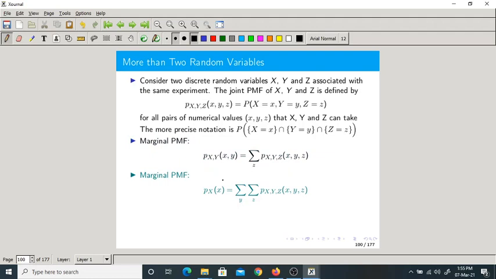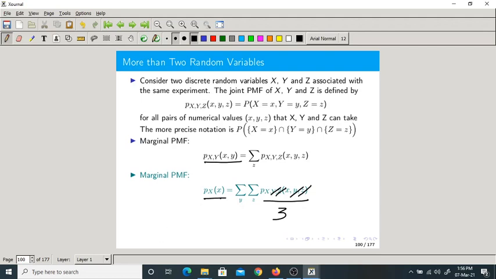So we got this. Now from this, I want to eliminate y. I will take summation over y. Otherwise, you can also think of it like this: there are three random variables in this JPMF, and I am taking summation over y as well as z. Then y and z go out and you are left with only x.